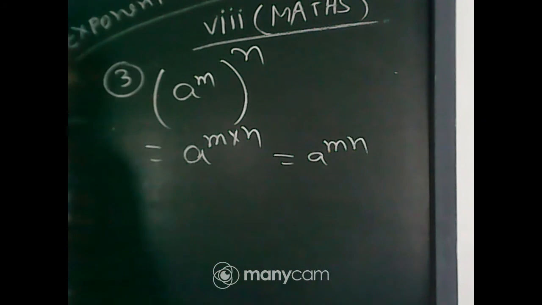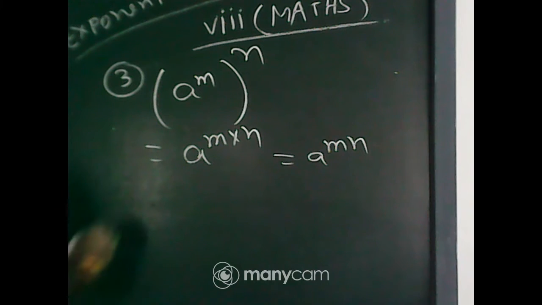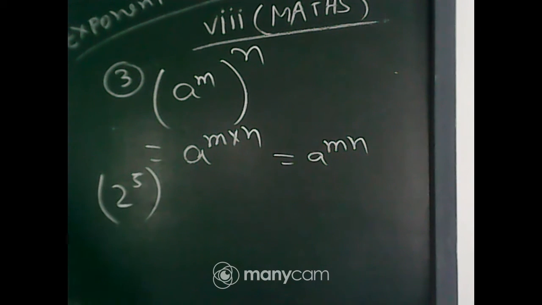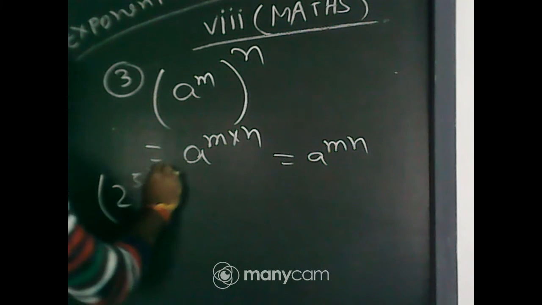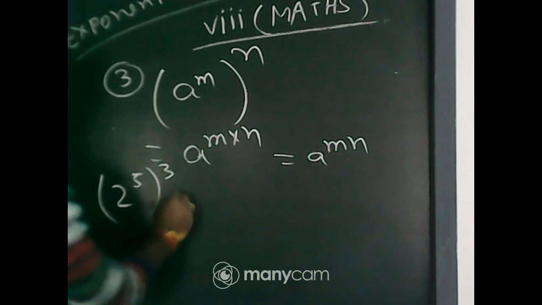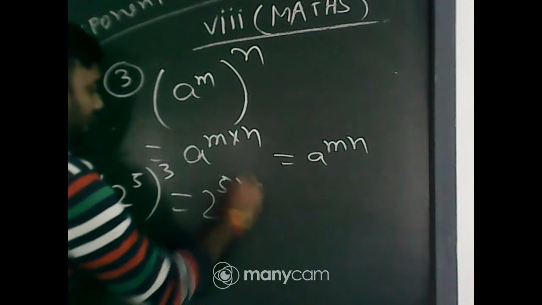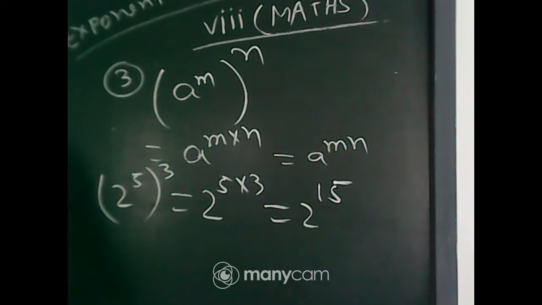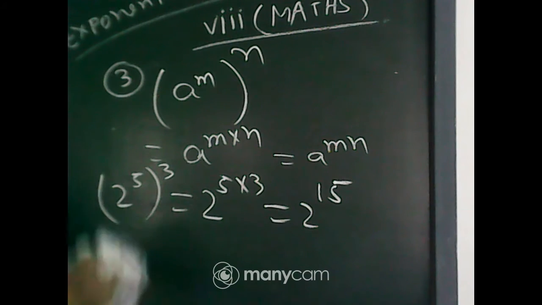For example, 2 to the power 5, whole to the power 3. That will be 2 to the power 5 into 3, equal to 2 to the power 15. Got it, everyone? Just simple multiplication. That is formula number 3. Now formula number 4.